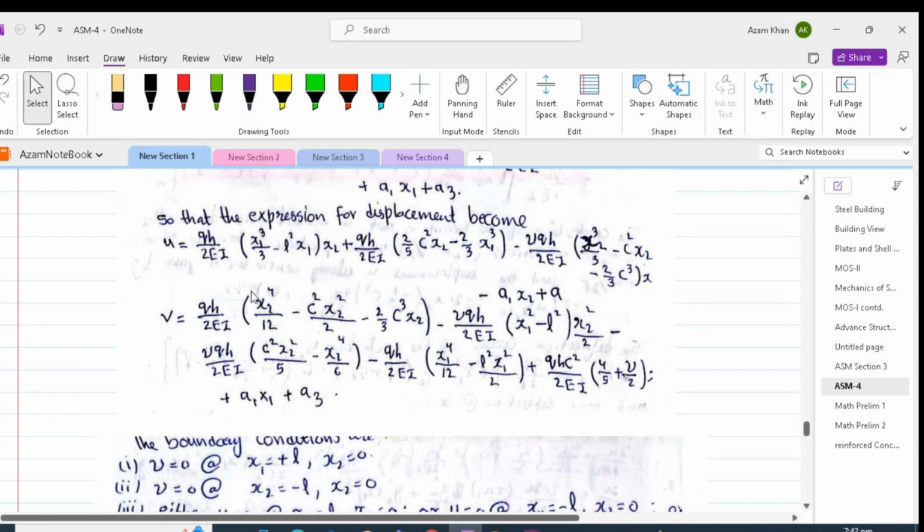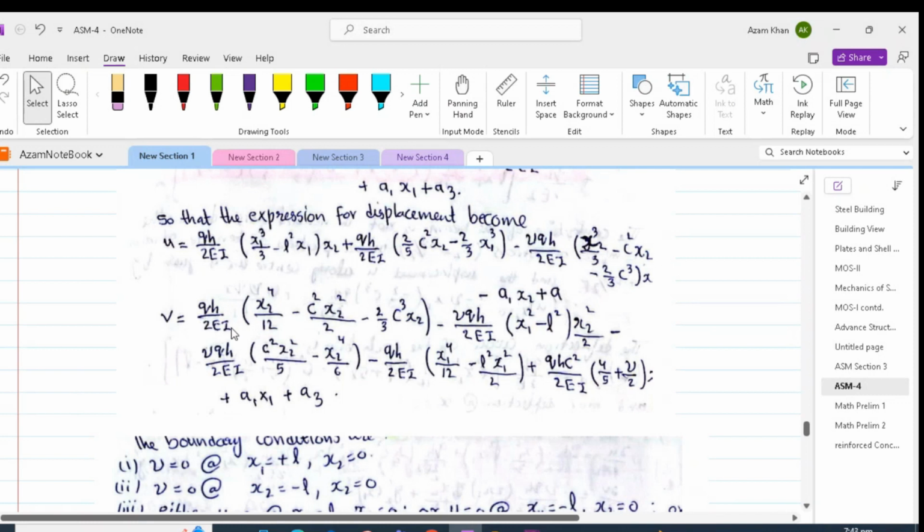So the expression of u will be equal to (qh/2EI)[x1³/3 − L²x1]x2 + (qh/2EI)[(2/5)c²x2 − (2/3)x1³] − ν(qh/2EI)[x2³/3 − c²x2 − (2/3)c³]x1 − a1x2 + a2.